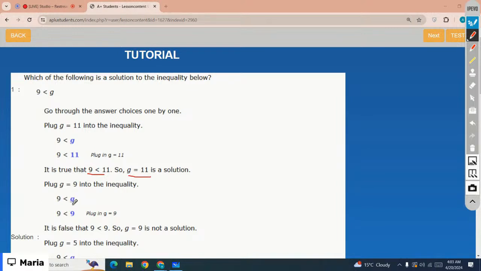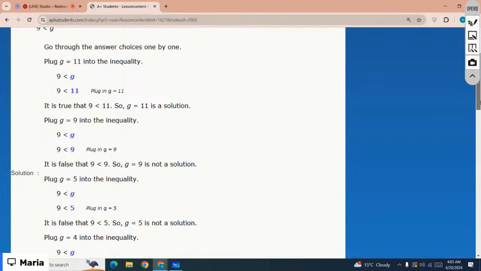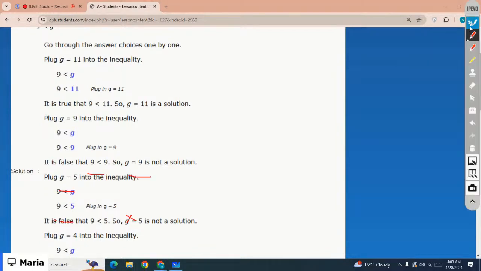Then the other choice is g equals 9. 9 is less than 9? No, this isn't the solution, right? The other option is g equals 5, right? 9 is less than 5.